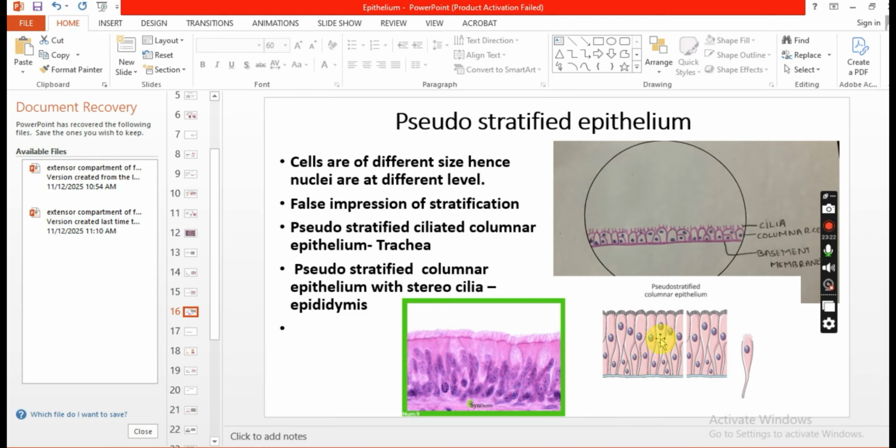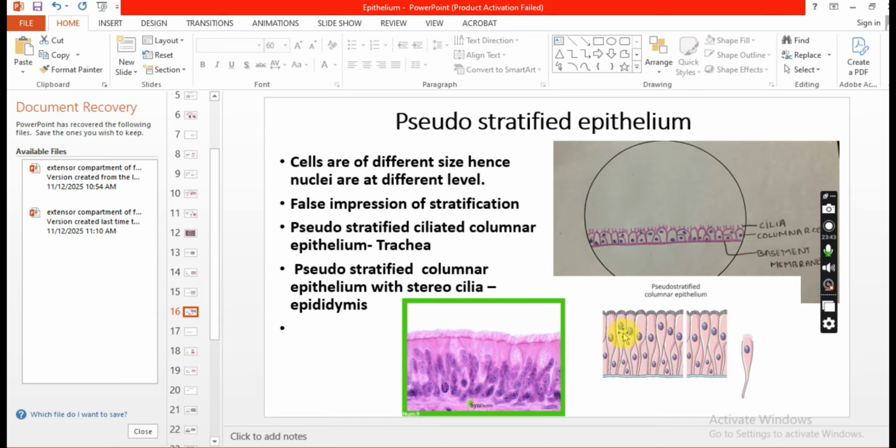That means the nuclei are located at different levels. So it gives a false appearance under light microscope. I told you, under light microscope you cannot see the cell membrane. What you will be seeing is only the nuclei.